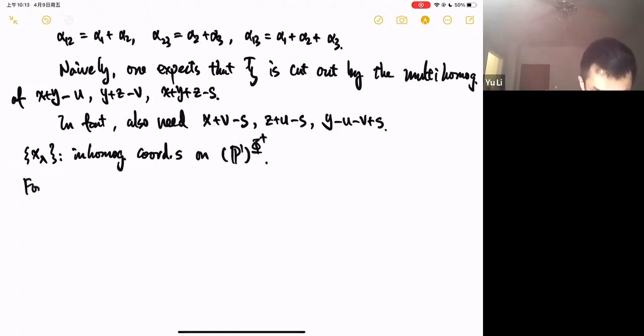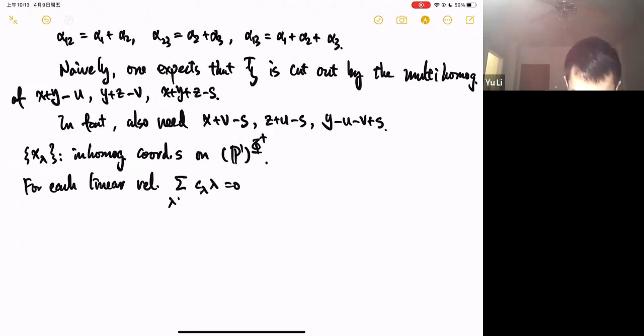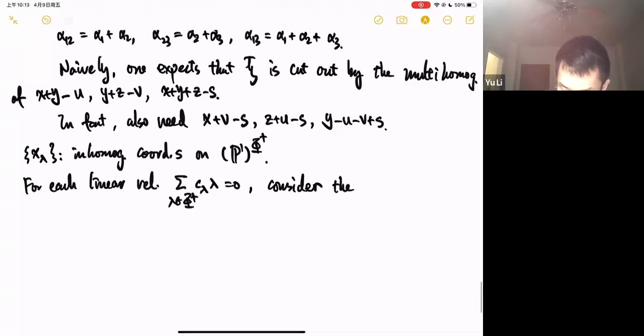And then for each linear relation, let's say the sum of C lambda times lambda equals 0 among the positive roots, I consider the linear polynomial, summation C lambda times x lambda.